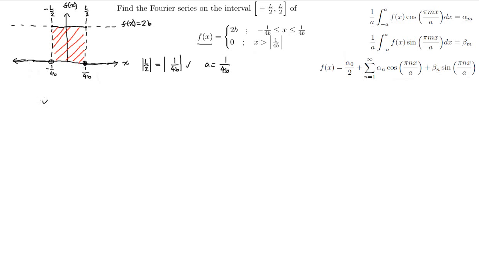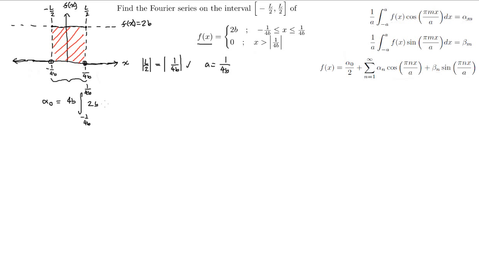So, our first case is our alpha sub 0, right? Which would be 1 over a, which would be 4b, times the integral from minus 1 over 4b to 1 over 4b, times f of x. Well, on this interval our function is 2b, and cosine of 0 is 1, because m is 0 right here.